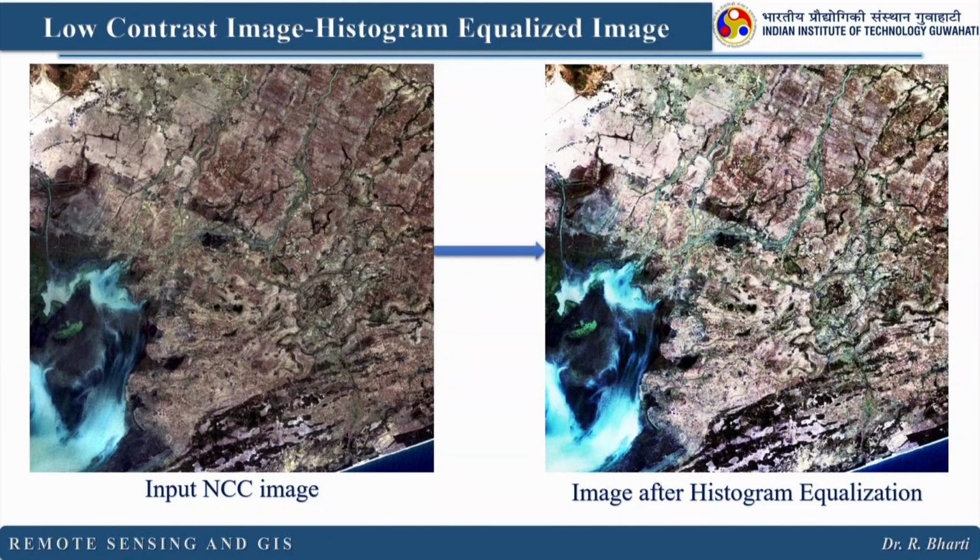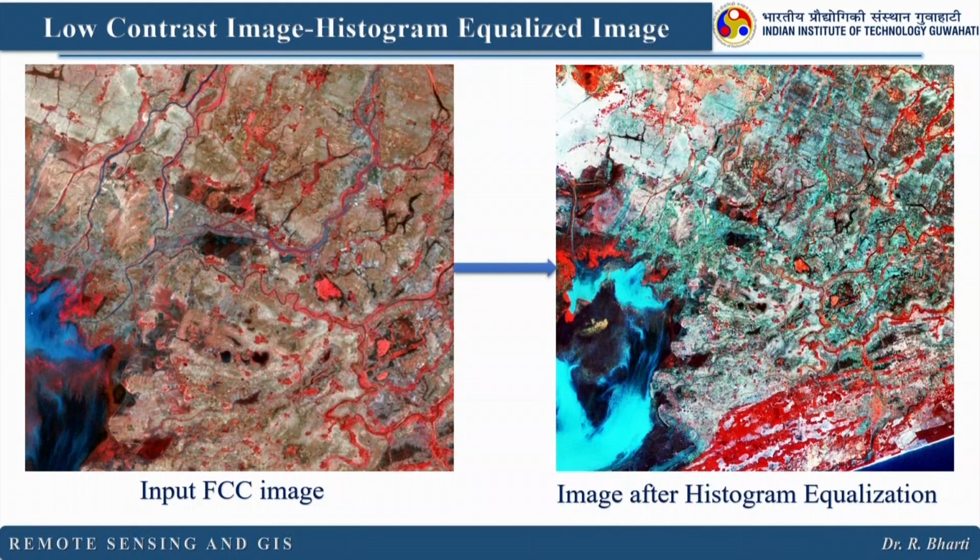This is the method you are going to use in your research also, because linear contrast stretching is not always very useful, but non-linear algorithms are better because in nature we have non-linear behavior. So, always go for the non-linear, and specifically this histogram equalization method, which is based on the lookup table approach, and this is one of the good methods. This is another example you can see here. That is all for today.